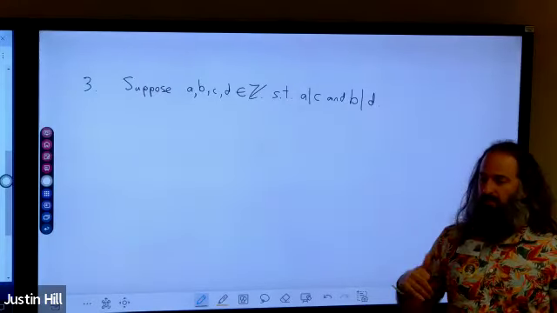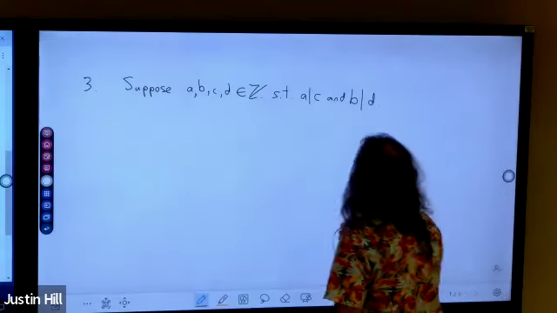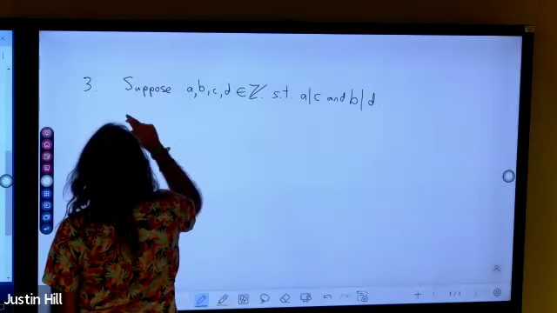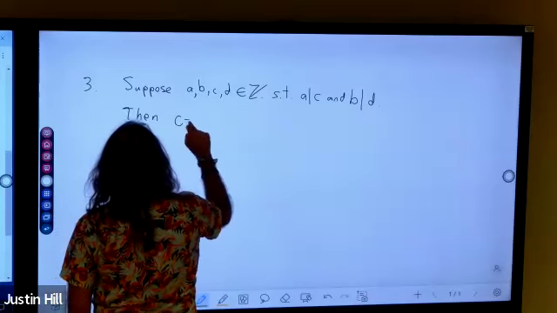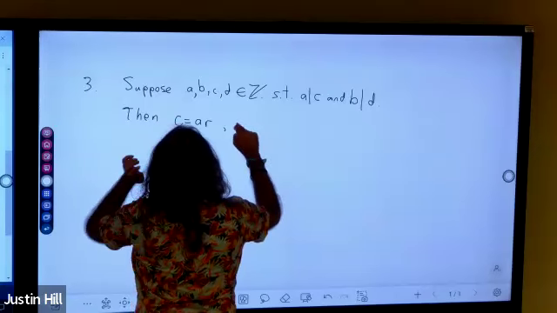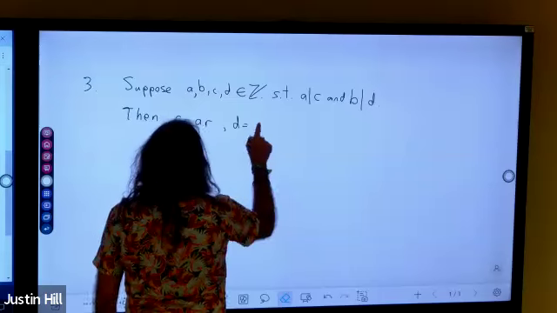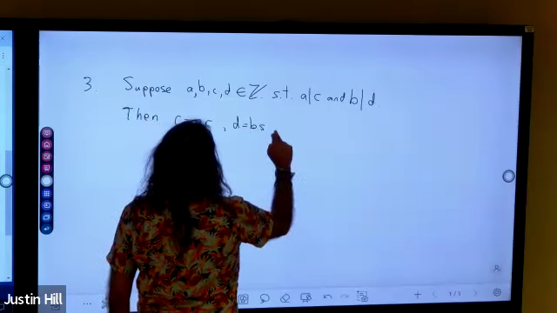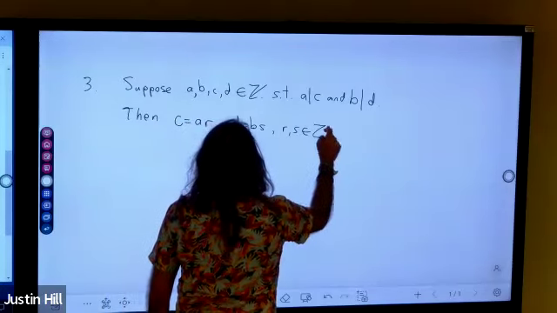Now, the fact that a divides c and b divides d, that's the definition of divisibility, so I can give a little more detail there. Suppose that c is going to equal a times, let's say, r. d is going to equal, not a, b times maybe s. r and s are integers.